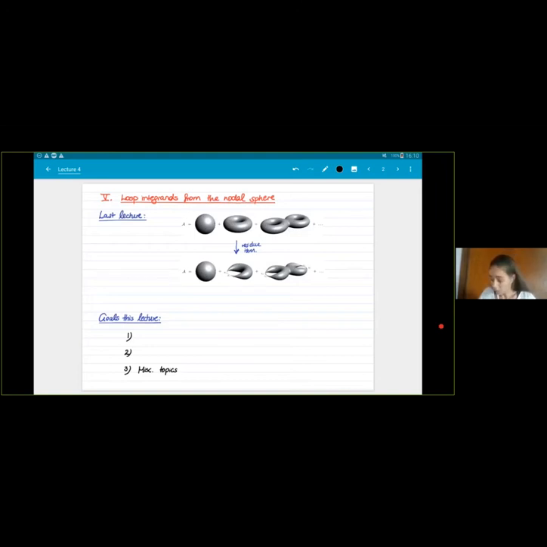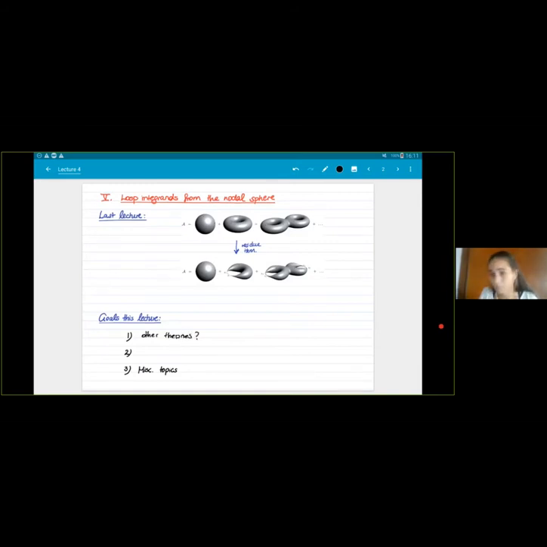So what we want to do now is, first, to see whether on the nodal sphere, with some of the additional background and tools that we have from before, we can also understand some other theories.